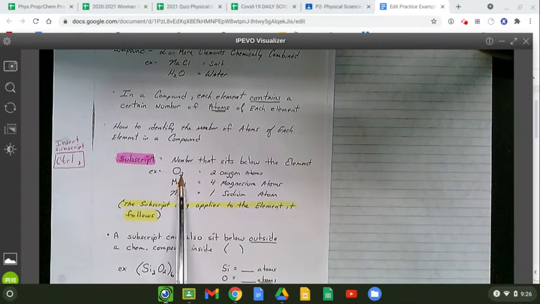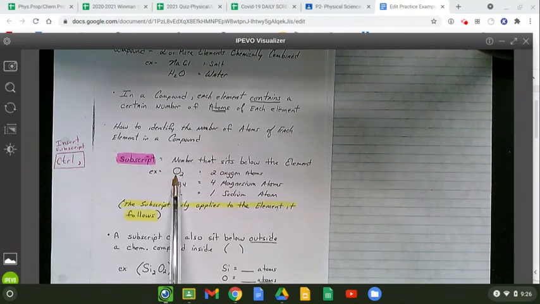If you see a subscript next to an element, that subscript only applies to the element it follows. So here with O2, that means we have 2 oxygen atoms. Here with magnesium, we have Mg4. This 4 means that there are 4 magnesium atoms. And then here with sodium, there is no subscript.